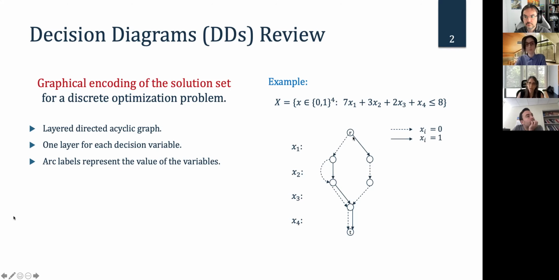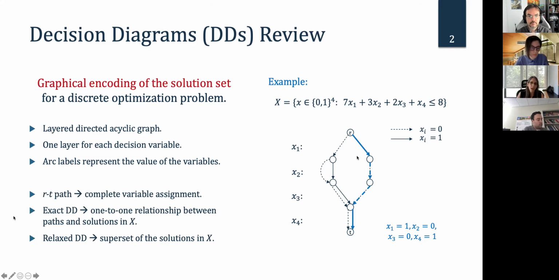Here I'm going to use a notation where solid arcs represent xi equal to 1 in the binary case, and dashed arcs represent xi equal to 0. So this one is x1 equal to 0, and this one x1 equal to 1. If we take any path from the root to the terminal node, we get a complete variable assignment. As we can see in the example, 1, 0, 0, 1 represents this specific path.